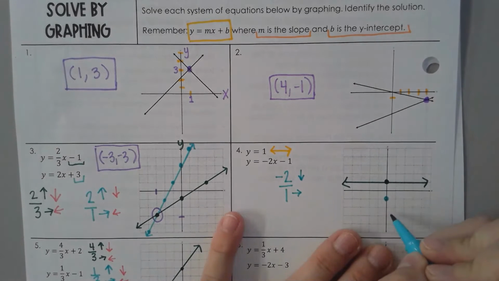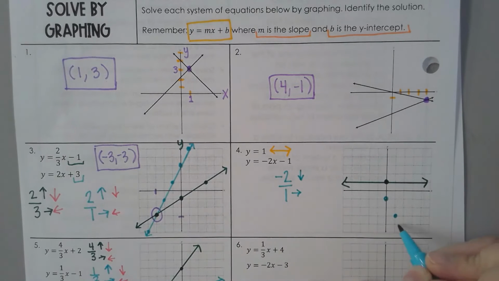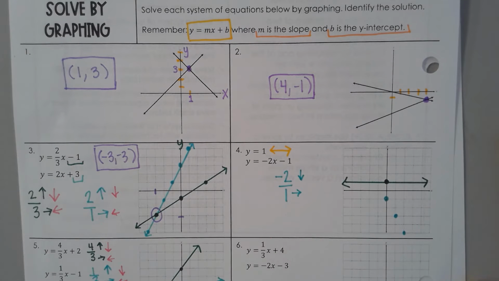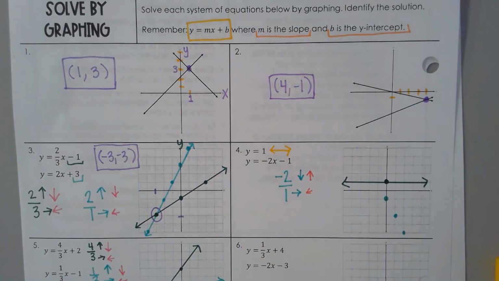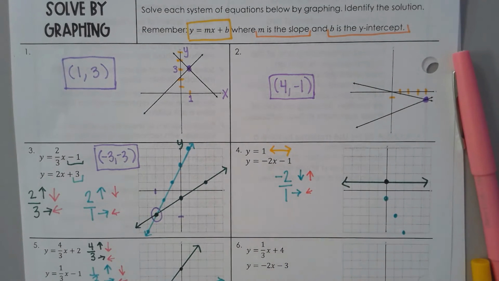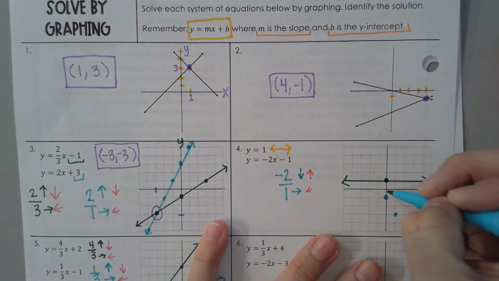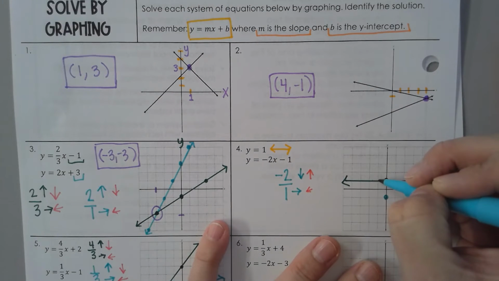So go down 2, right 1, down 2, right 1. Or what can I do with my arrows? Reverse them, flip them. So I could go up and left, and it'll still stay within that line. So up 2, left 1.